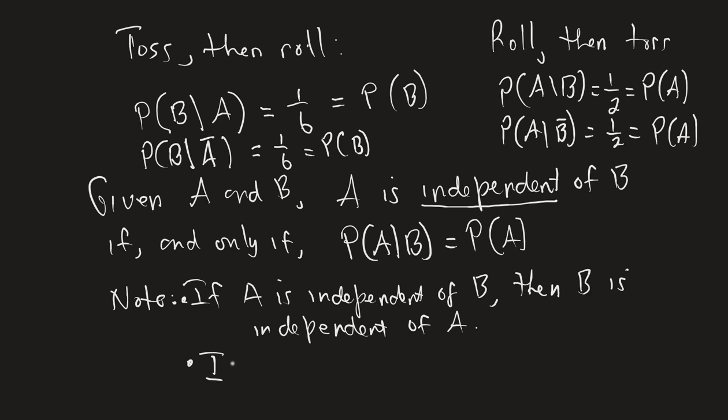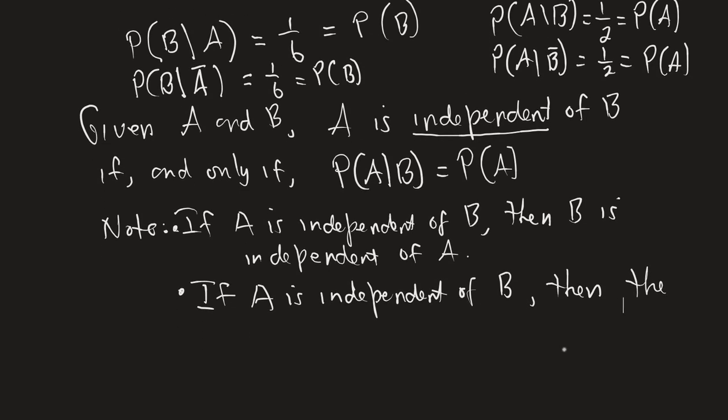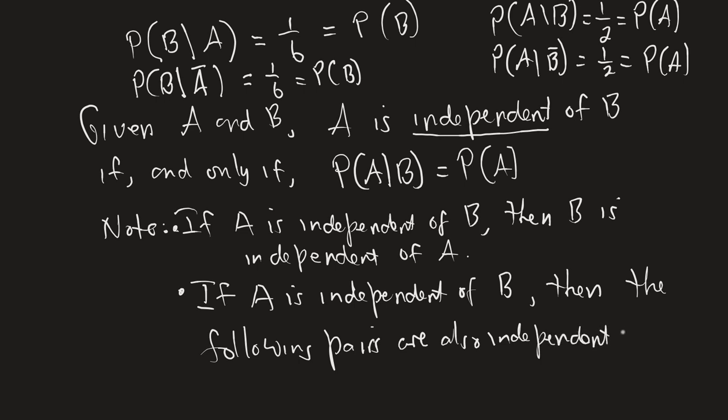In other words, if A is independent of B, then the following pairs of events are also independent.